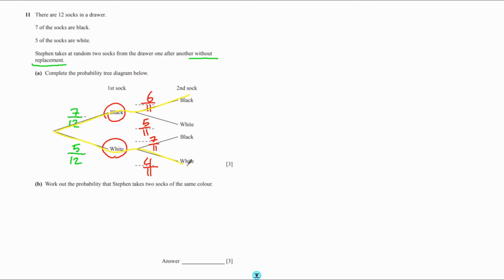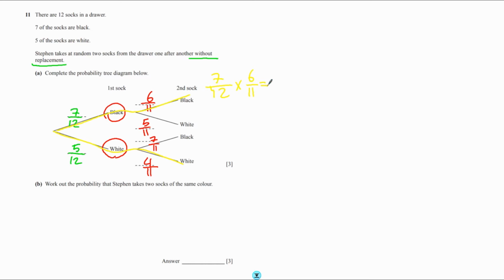As you know, when we work with a probability tree, we multiply along each branch and write the probability of the total of that branch at the end. So 7 over 12 times 6 over 11 is the probability of having two black socks taken out of the drawer.